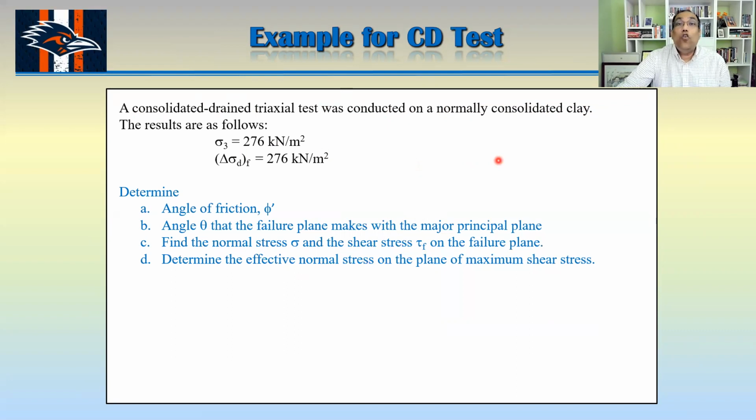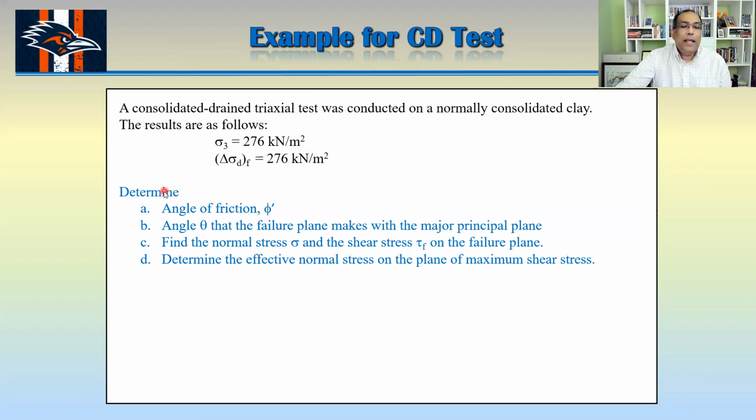If they say it's over consolidated clay, then basically you have C. Okay, so the test results are given here. Sigma 3 or cell pressure is 276 kilonewton per meter square, and your deviator stress is 276 kilonewton per meter square, same value here.